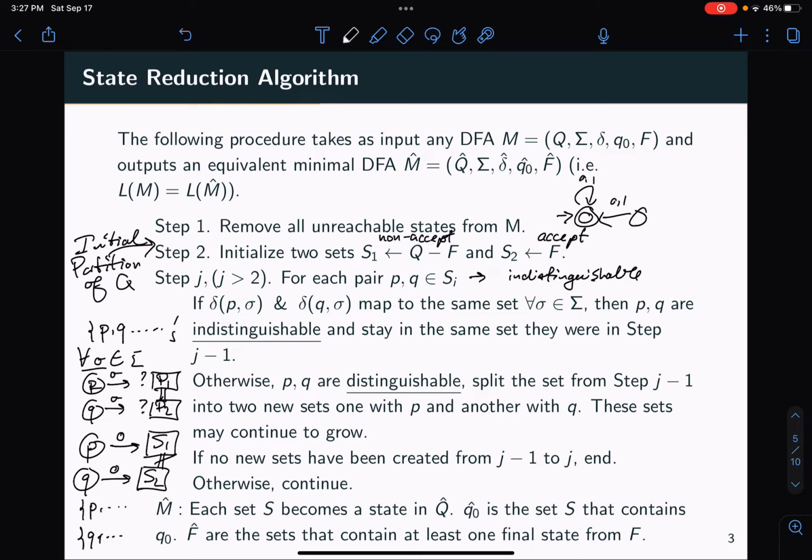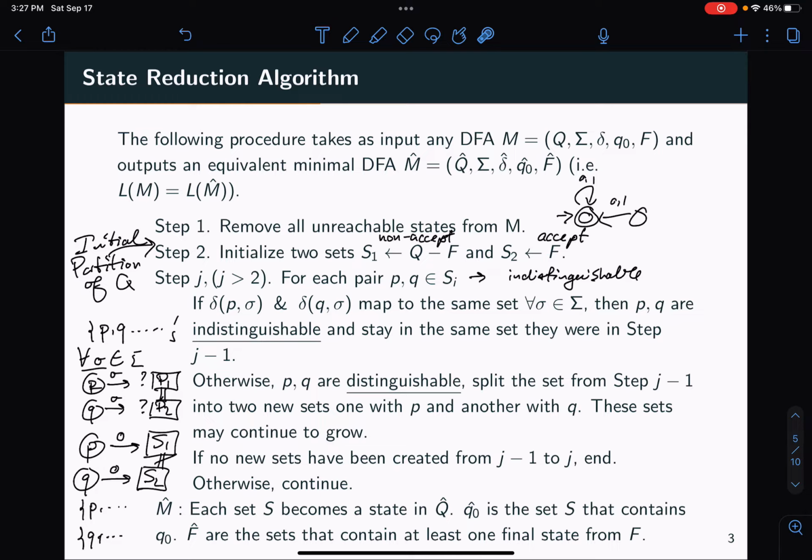And then you need to do this for each pair in each partition that you have so far. If they are indistinguishable, they remain in the same partition, and if they aren't, then your partition splits. Okay.